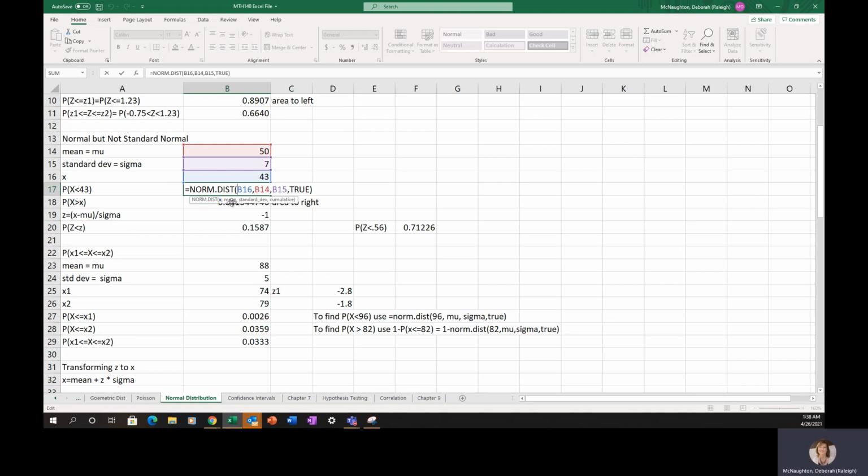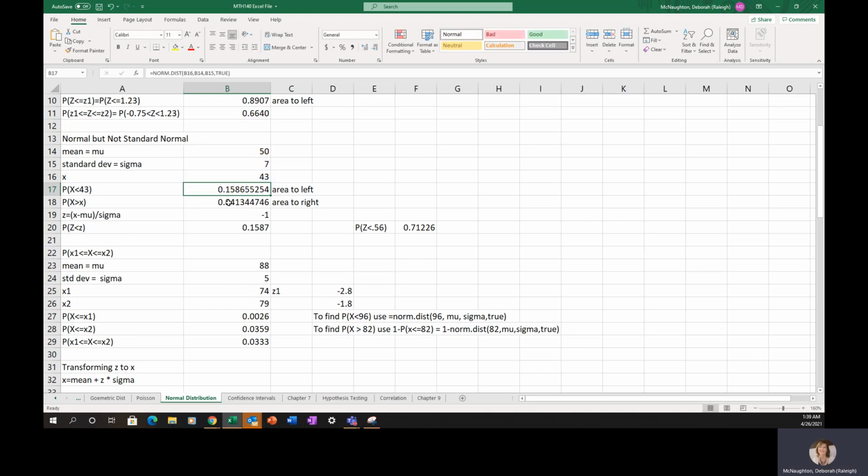Here it says x, mean, standard deviation, and then this is always true. So x, mu, sigma, and then I say that the cumulative is true.